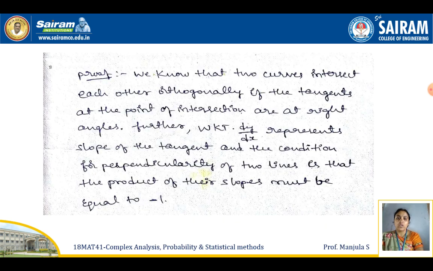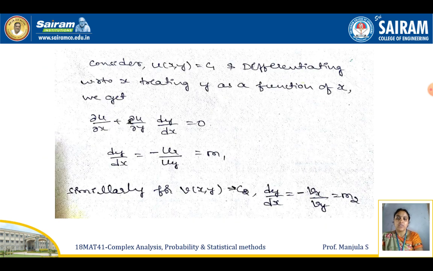Okay, now we'll take the first curve. Two curves are given: one is u of x comma y and the other is v of x comma y. First I am going to consider the first curve, u of x comma y equals c1.